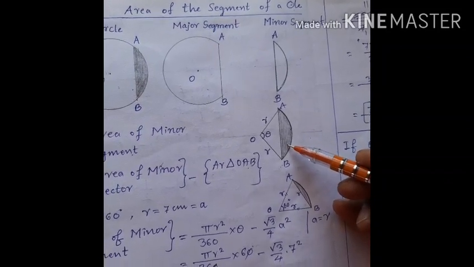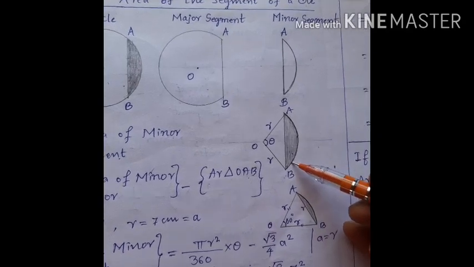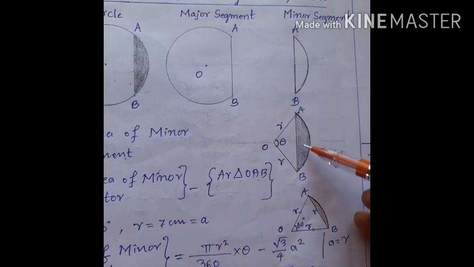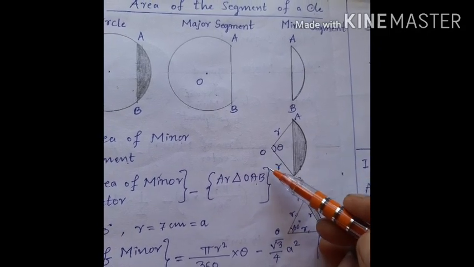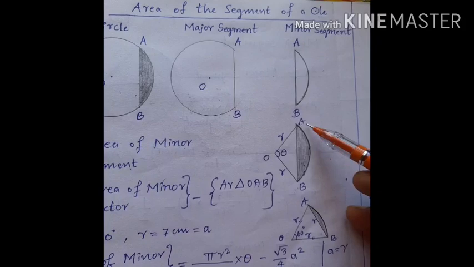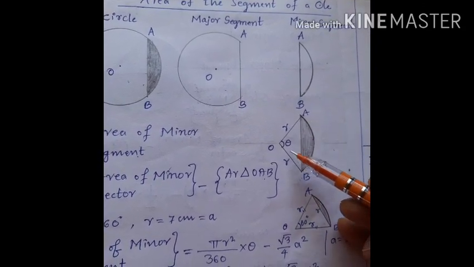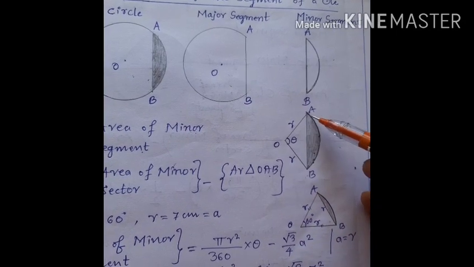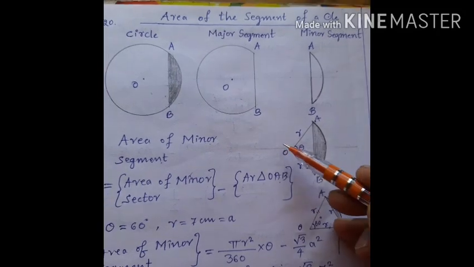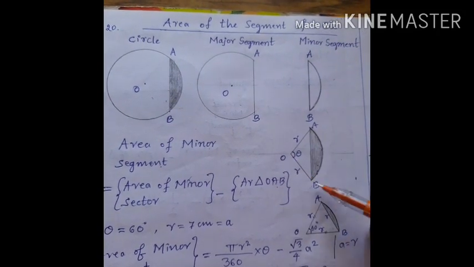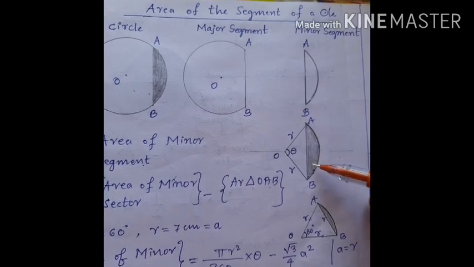If anybody asks us to find the area of this minor segment, what will we do? The area of this minor segment is calculated as follows: first you find the area of this sector. From the area of sector OBA you subtract the area of this triangle, then you will get the area of this minor segment. Did you understand? Here OBA is a minor sector, and this region is the minor segment.